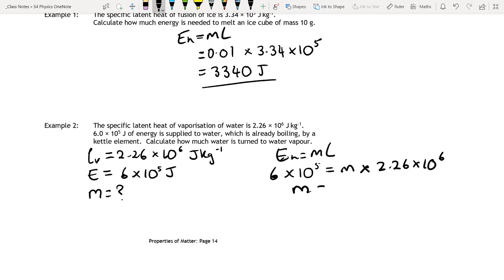So the mass will be 6 times 10 to the 5 divided by 2.26 times 10 to the 6. And that should come to 0.265 kilograms. You can change it into grams if you want to, but you don't need to.